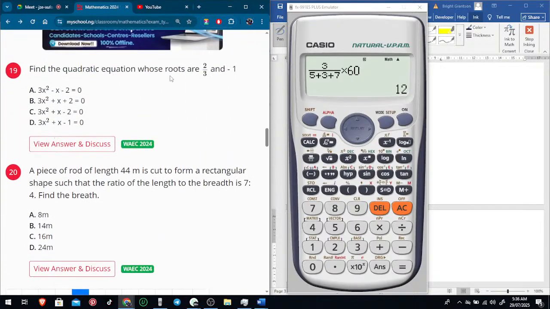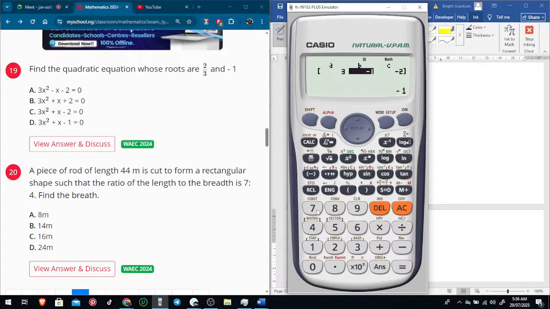Find the quadratic equation whose roots are these. So you press mode 5, 3. Then you punch all these values. The one which gives you these answers will be the answer. So let's look at number 1. 3, -1, -2. You get 1 and -2/3, which is wrong. Let's change again.